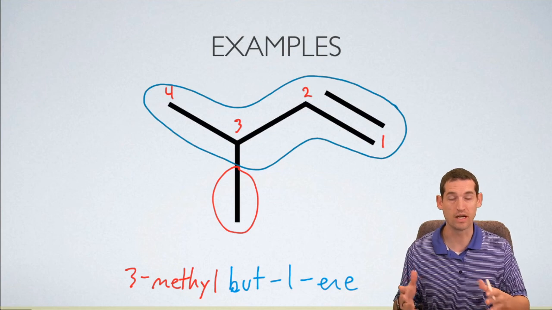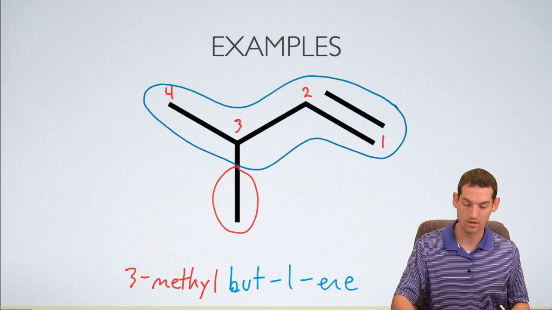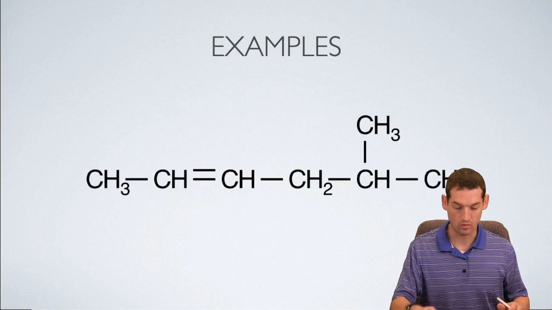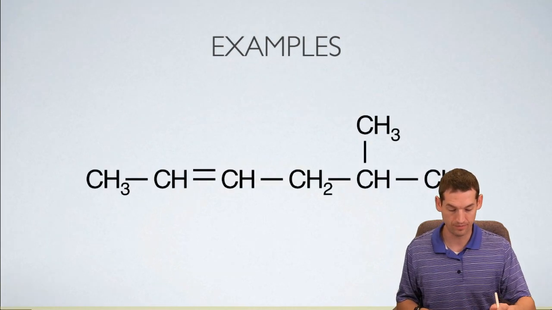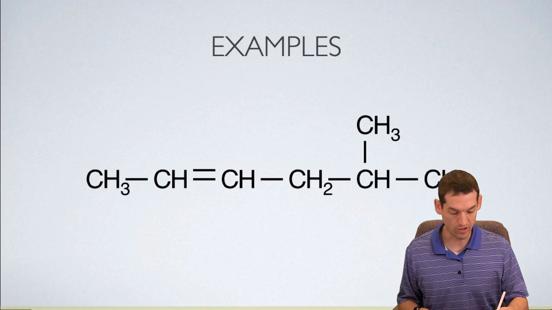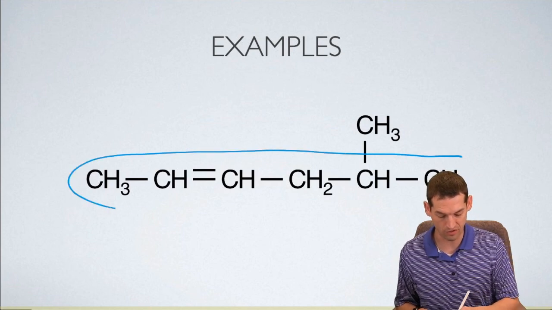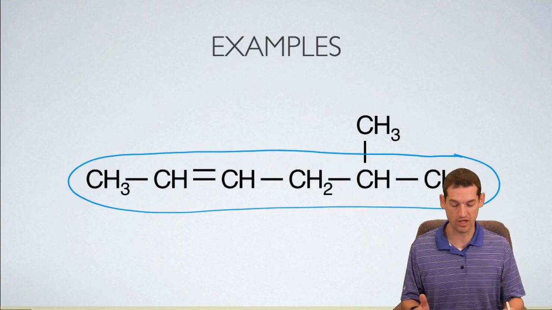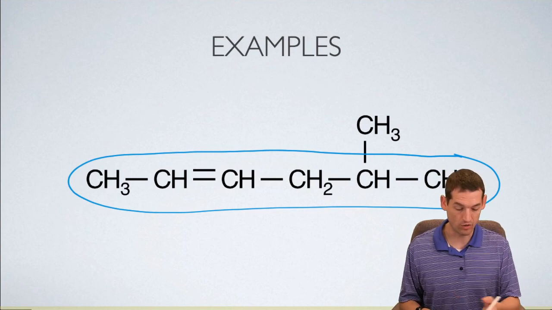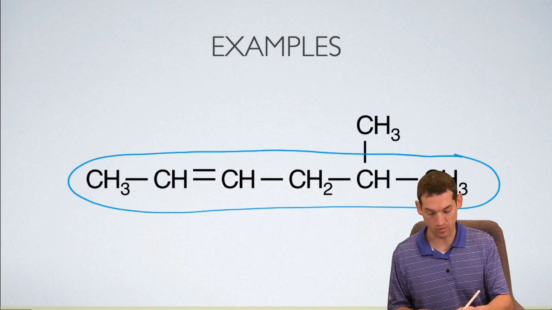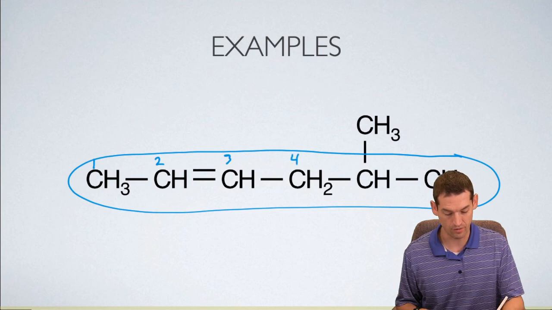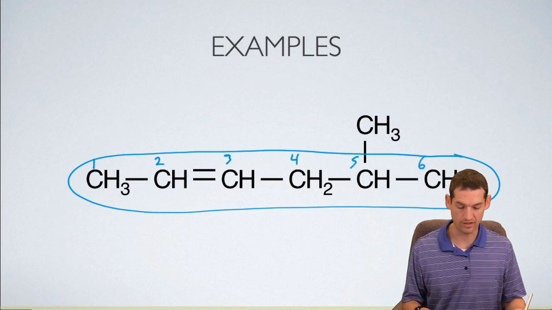So now we're just combining those rules. Okay. One last example. Our longest carbon chain that contains the functional group is right there. So I have a 6-carbon chain, and I could go ahead and number this as well. That's a 1, 2, because I want that double bond to have the lowest number. 3, 4, 5, 6.